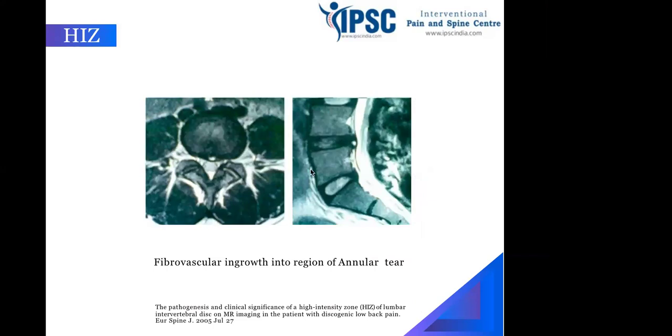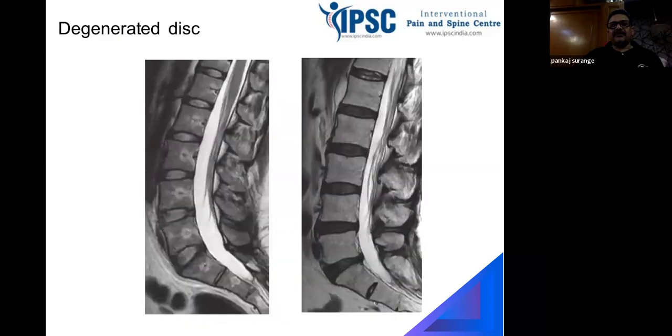Sir, I have one doubt. In sagittal section, how to differentiate whether it is right side or left side without seeing the axial sections? If it is this image, you can say that it is taken from the center.